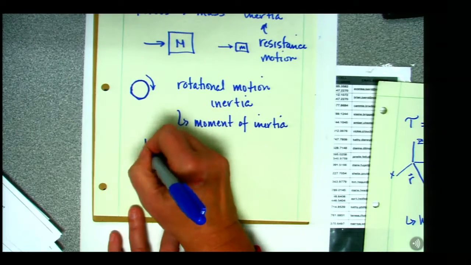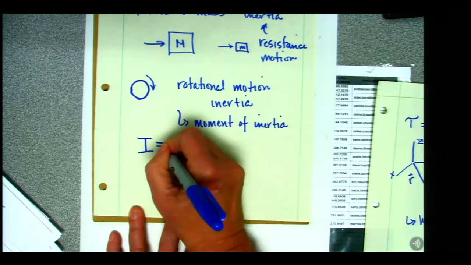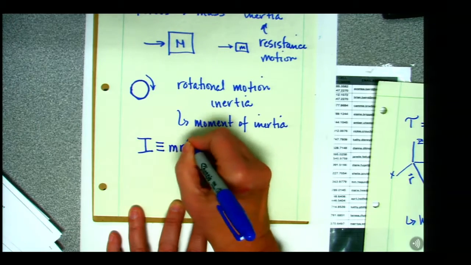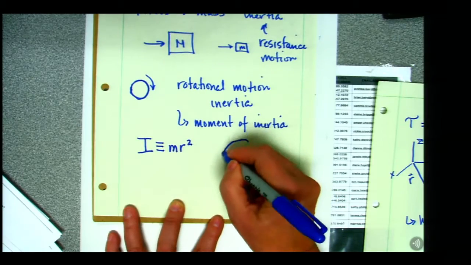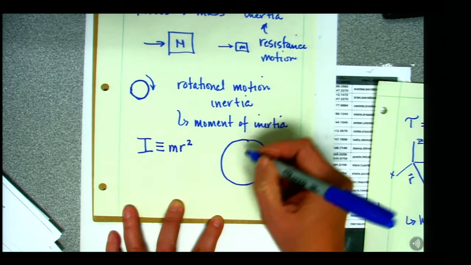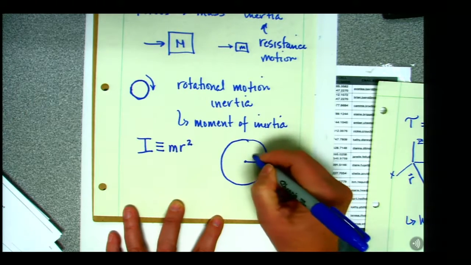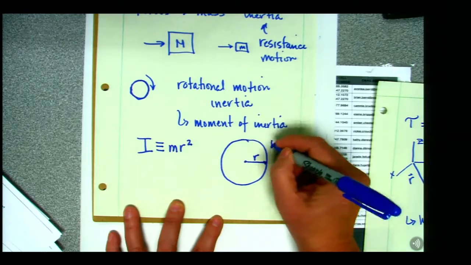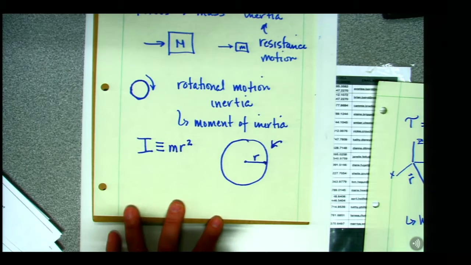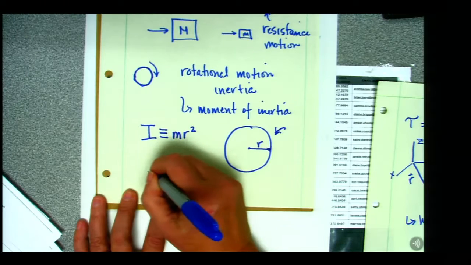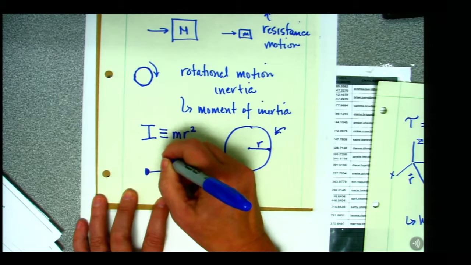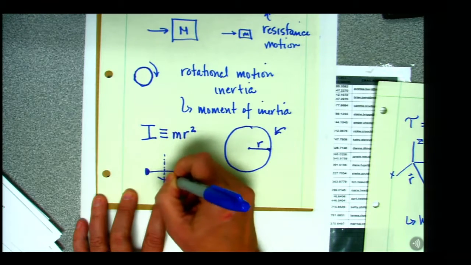The moment of inertia we're going to use as a letter I, and we're going to define that as the mass times radius squared. If I have a disk or a circle, I'm out here at a distance r. For disks and spheres and things like that, we have generalized formulas for moments of inertia, but I can also do a baton rotating around this axis.